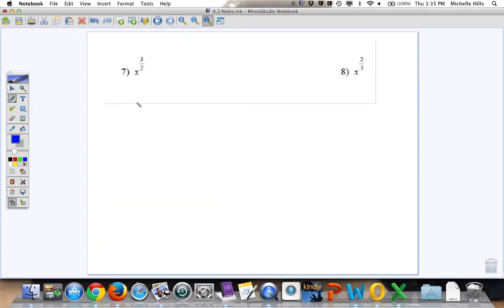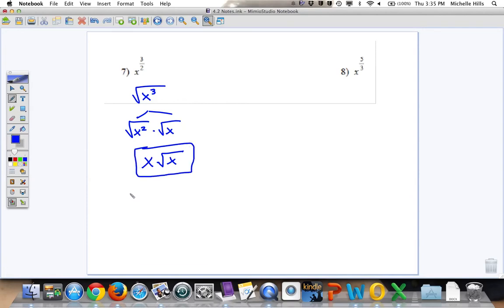X to the 3/2 power, the square root of x cubed. Remember, this is like the square root of x squared, which is a perfect square, times the square root of a leftover x that I can't do anything with. So I end up with x, square root of x squared is just x, times the square root of x. That's as simplified as I can get that.